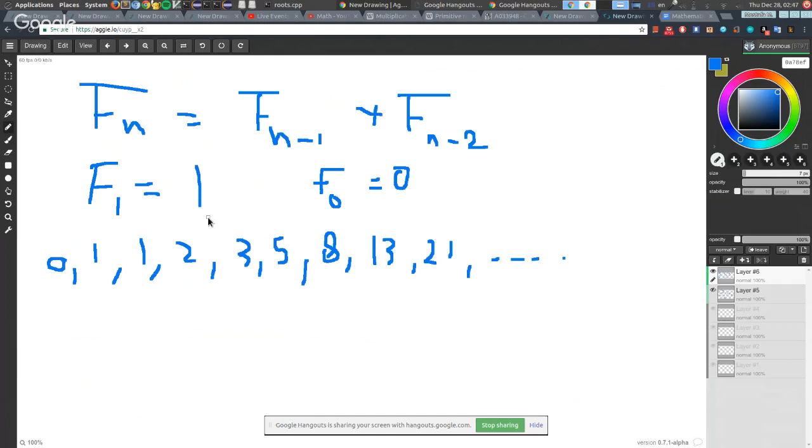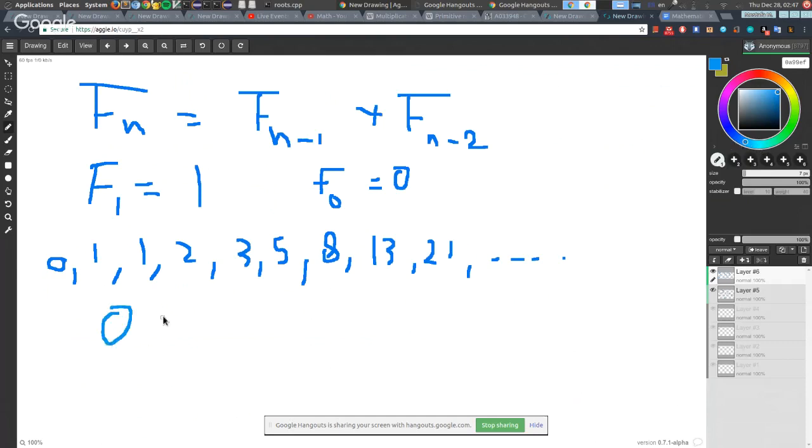So if you would like to compute the Fibonacci numbers, let's say we compute them modulo some big prime, like 1,000,000,007, for example. We can compute it in a variety of ways.